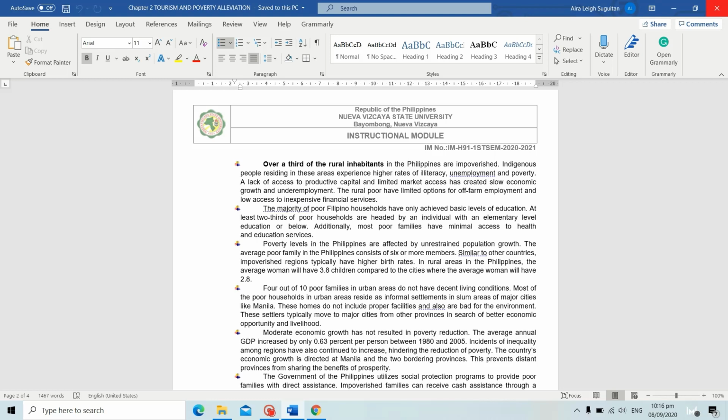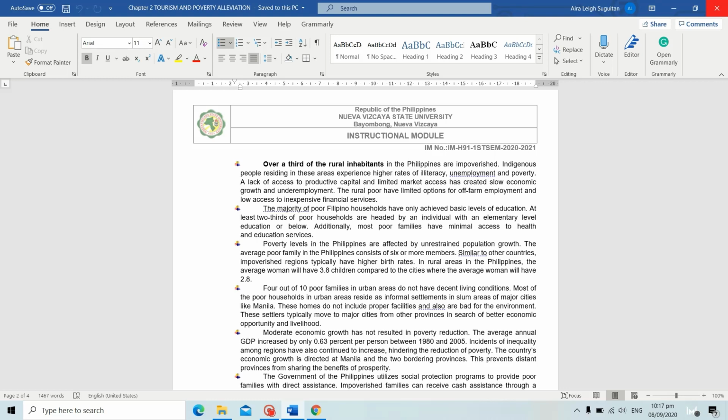Similar to other countries, impoverished regions typically have higher birth rates. So, based from studies, mas financially challenged ka daw, mas financially challenging family, mas mataas yung birth rate. In layman's terms, mas mahirap, mas madaming anak.